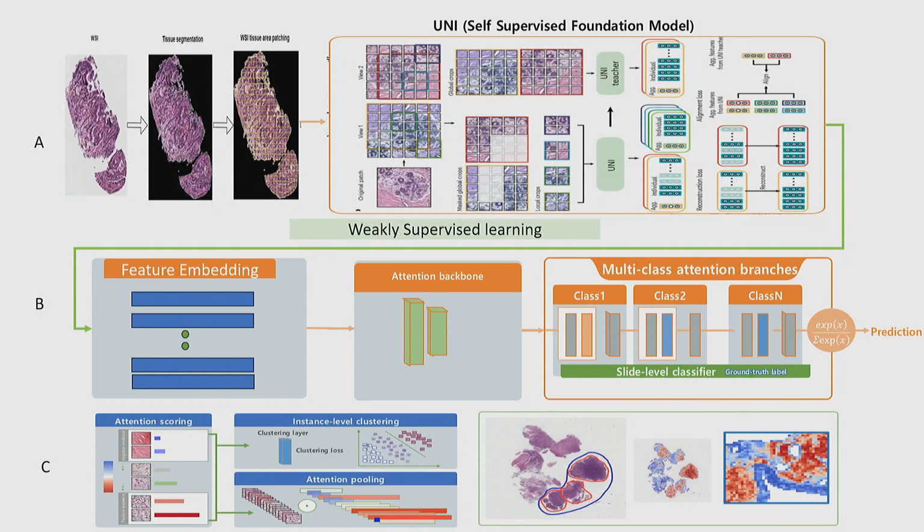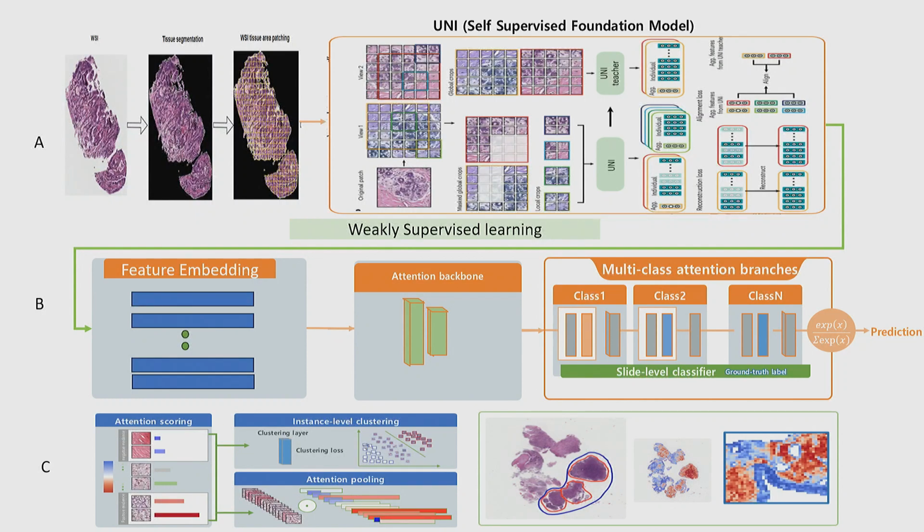This is one patch from the whole slide. The size of this image is 256 by 256. We gave it to our self-supervised foundation model, where we create two views, view 1 and view 2, and this is based on self-distillation, in which we have two networks, a teacher network and a student network.